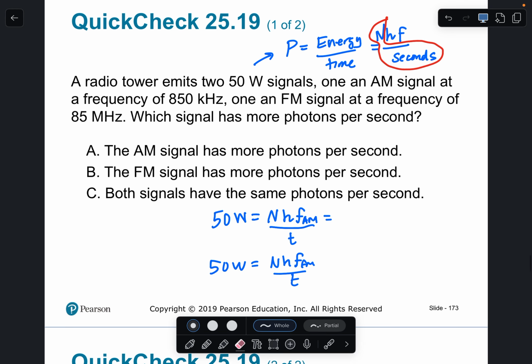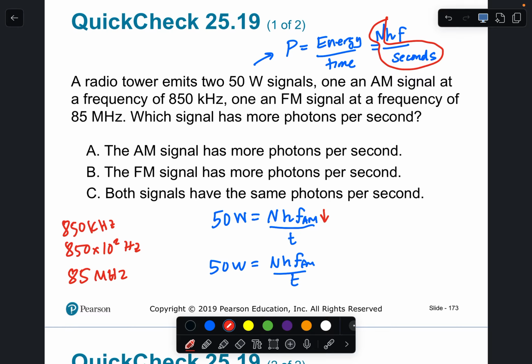We can probably stop here and look at it more qualitatively. Our f_AM is the smaller frequency, because 850 kilohertz is 850 times 10 to the 3 hertz, whereas 85 megahertz, and your prefixes are going to be important for this chapter, is 85 times 10 to the 6 hertz. So 85 megahertz is the bigger frequency.